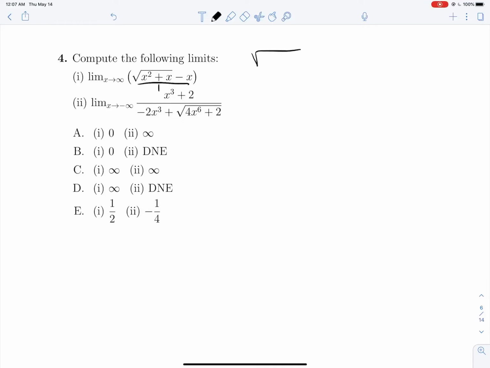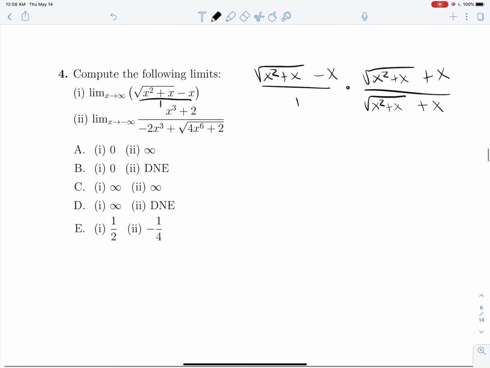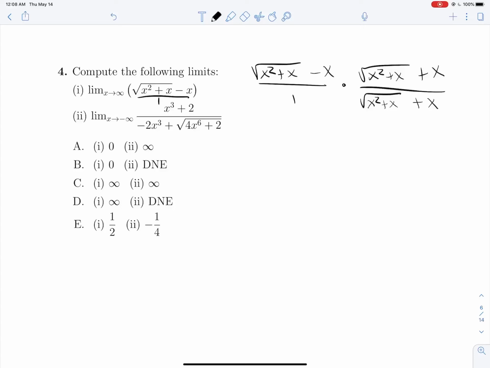So to write this out, we're multiplying root x squared plus x minus x divided by 1 by the square root of x squared plus x over root x squared plus x. This gives us x squared plus x minus x squared over the square root of x squared plus x.